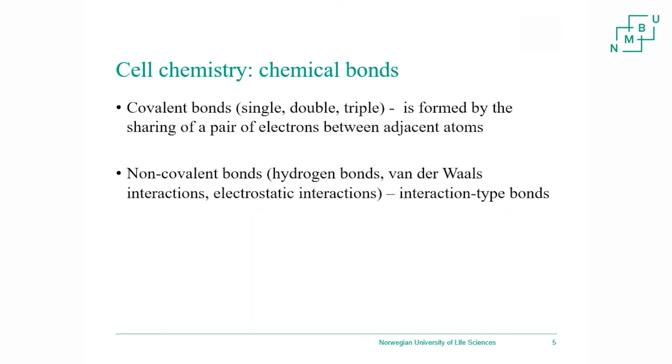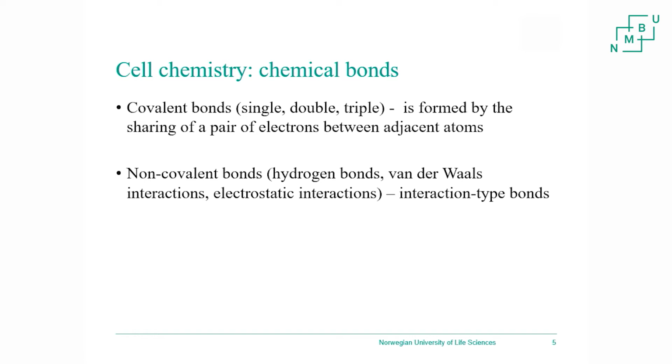Another important aspect we can study in cell chemistry is chemical bonds. We know that all cell chemical components have two types of chemical bonds: covalent and non-covalent bonds.